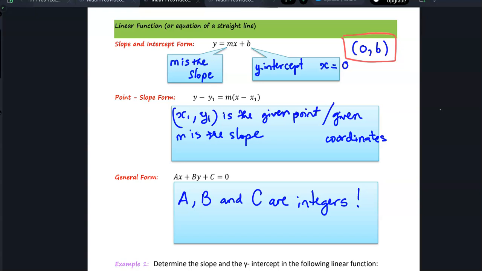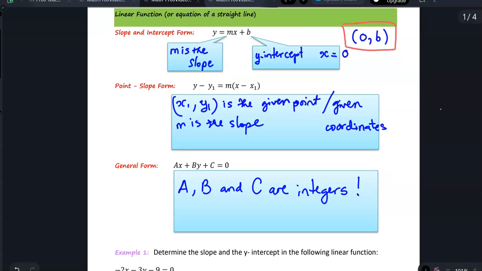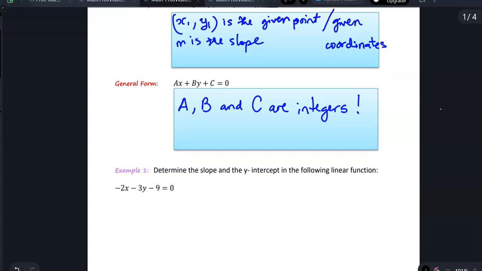Okay, so let's work with the first example. Okay, so it said determine the slope and the y-intercept of the following linear function. So it's giving to you this equation like this: negative 2x minus 3y minus 9 equal to 0. So when I look at this equation, I know for sure that they are giving me a linear equation in general form.